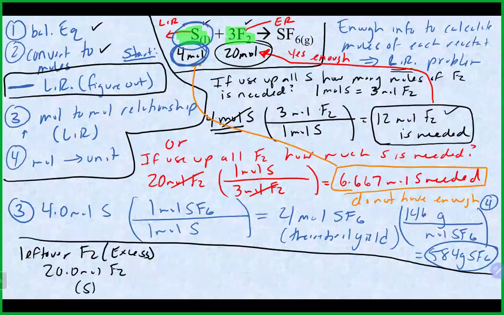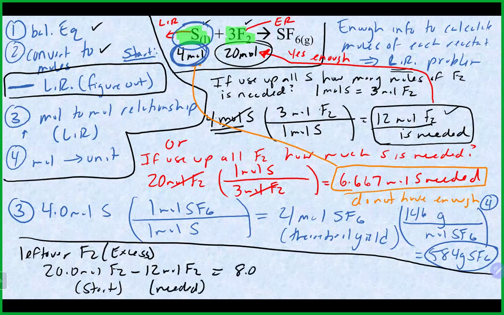That's what we started with. And we know that we calculated we needed 12 moles to use up our limiting reagent. That will leave us with about 8 moles of F2 left over.